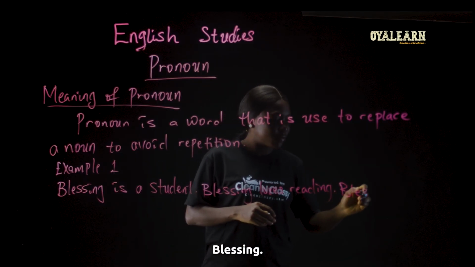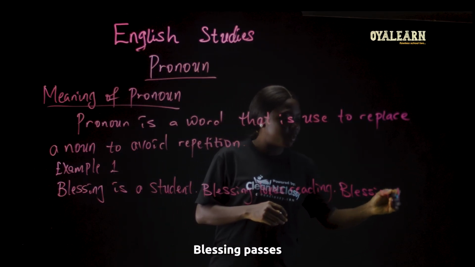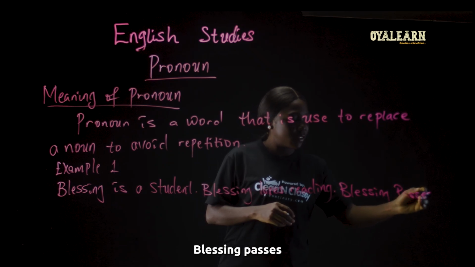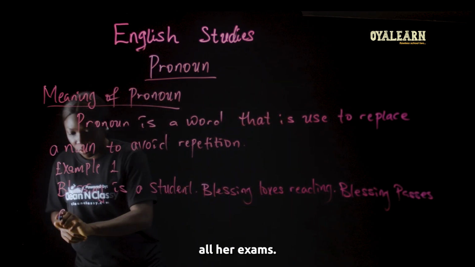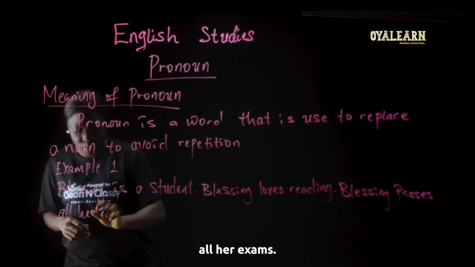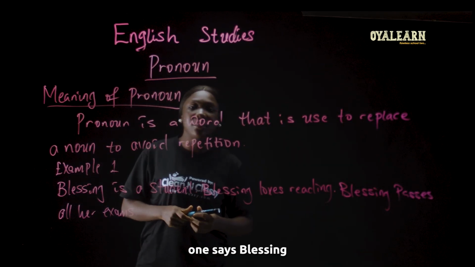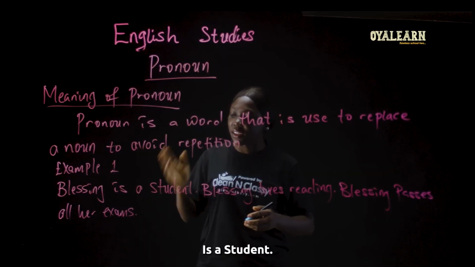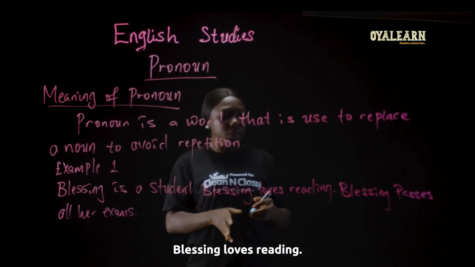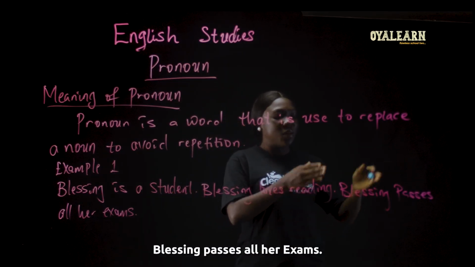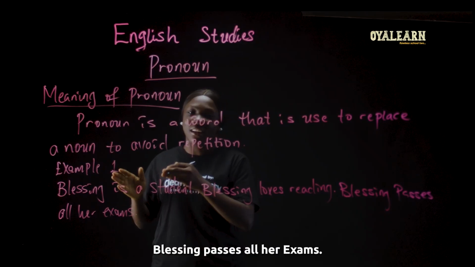Blessing passes all our exams. Now this is sentence 1. It says Blessing is a student. Blessing loves reading. Blessing passes all her exams.